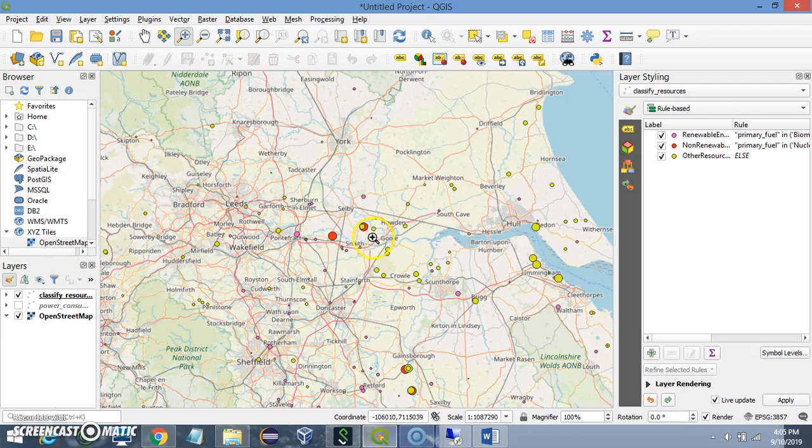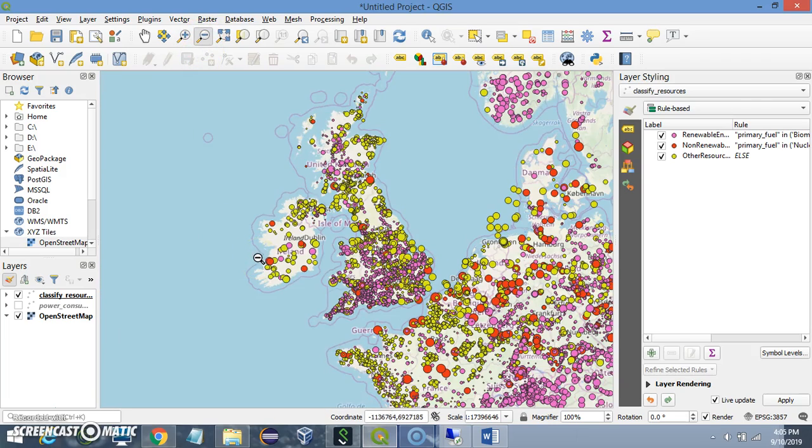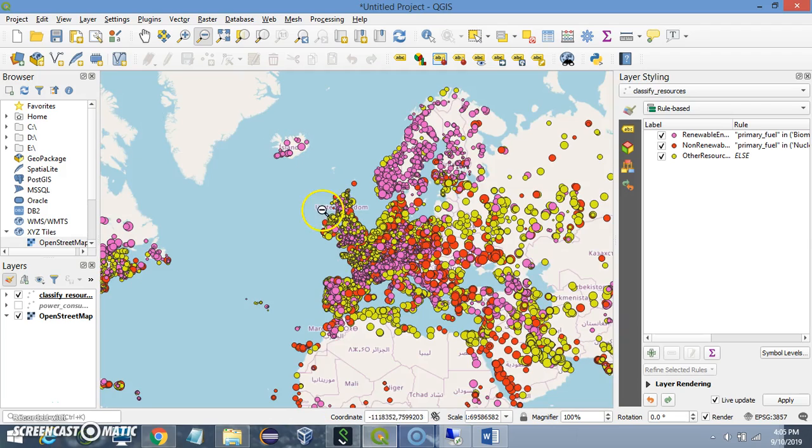For instance, I can see that this part over here, which is near this part of Europe, has a power plant that uses non-renewable energy sources but has higher power generating capacity. So that's one piece of information I wanted to provide.